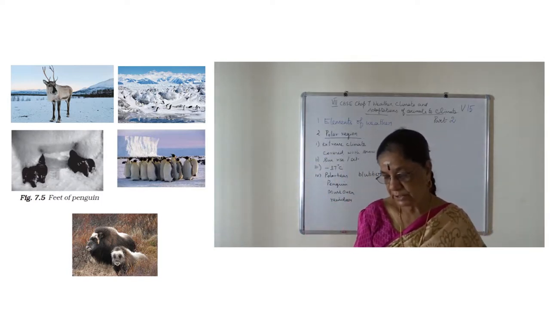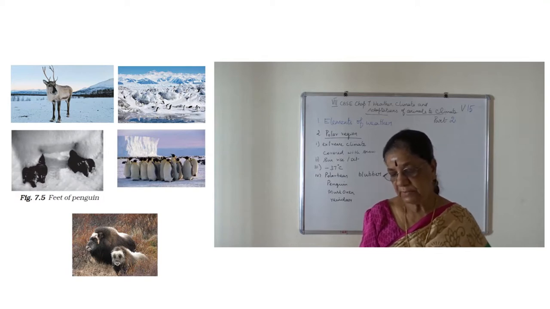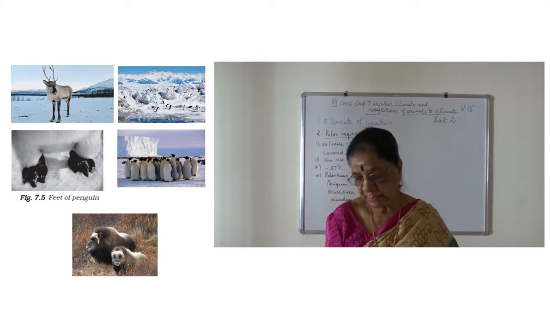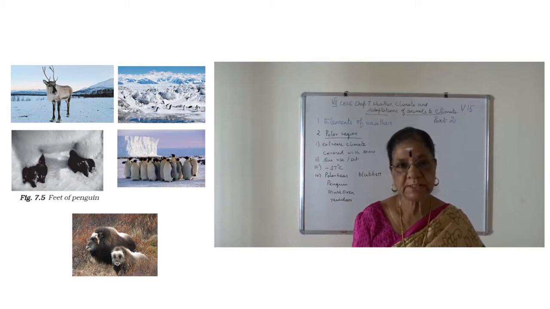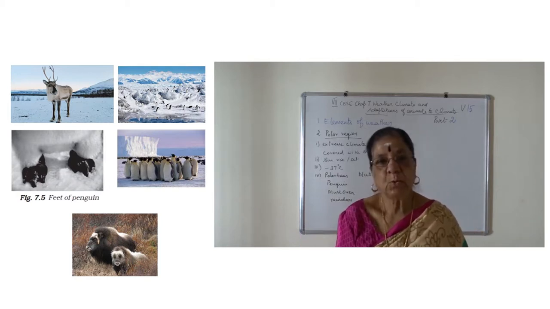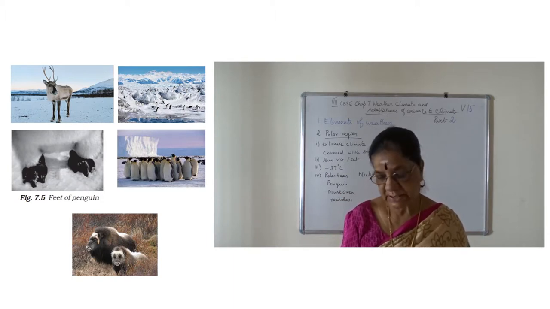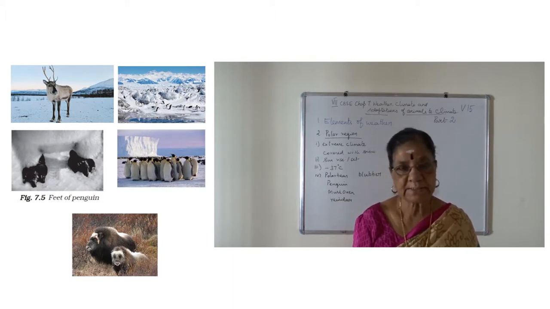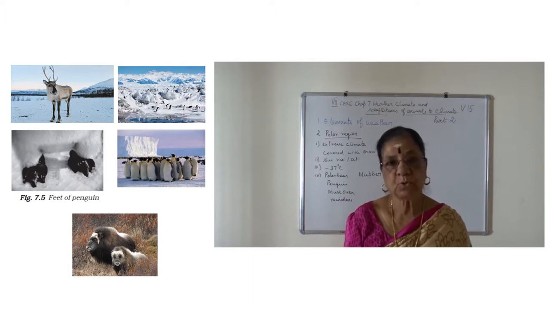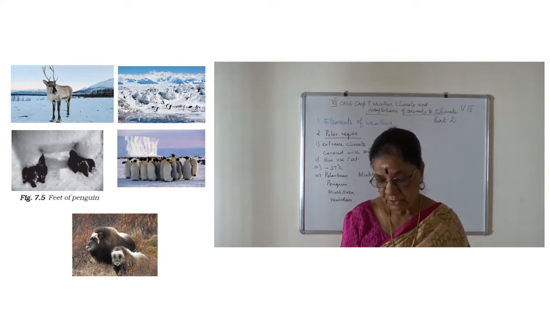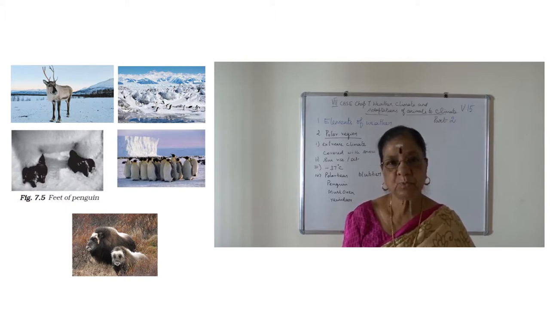In our textbook: a well-known animal living in the polar region is the penguin. It is white and merges with the white background. It also has thick skin and a lot of fat to protect it from the cold. And penguins huddle together to keep themselves warm.